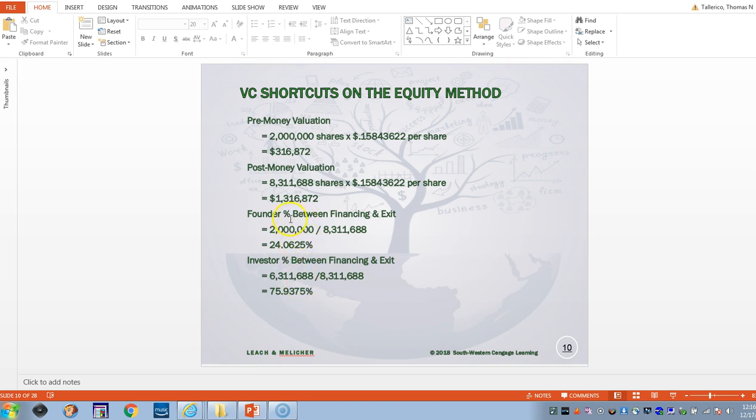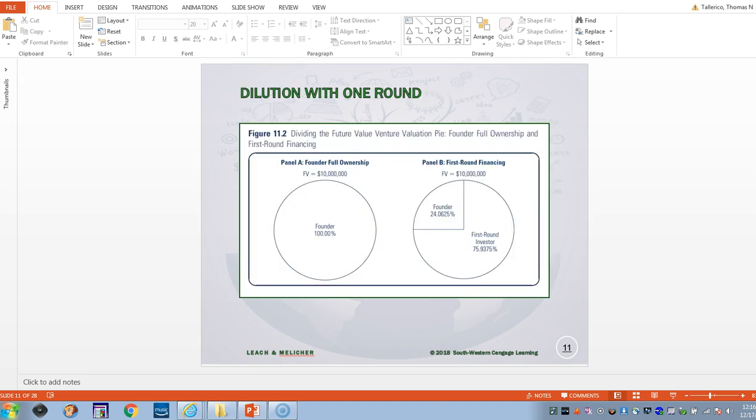And that's the founder percentage, which is 24. And here's the investor percentage between financing and exit. And that's almost 76%. So you can see the breakdown after the first round financing. Here's the investor, and here's the actual founder. And of course, this will add up to 100. This is pre and this is post, right?